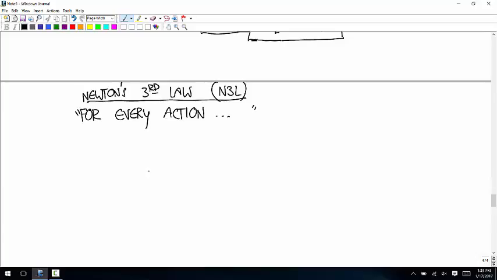So for us, we're going to think of it as meaning two things. So we'll treat it differently depending on whether a contact force has a known direction or an unknown direction.